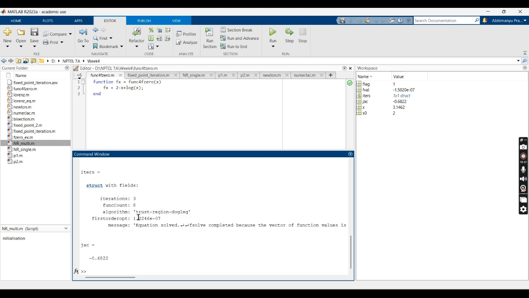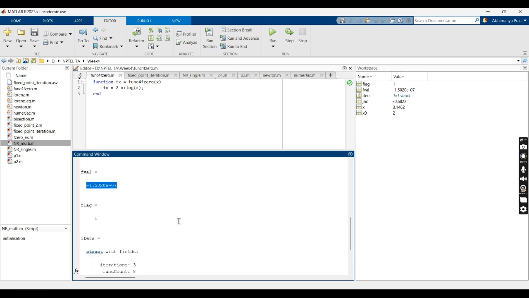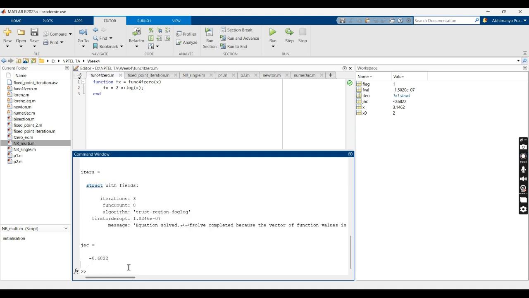By default, fsolve uses a convergence criterion of 10 to the power minus 6. Let us check.